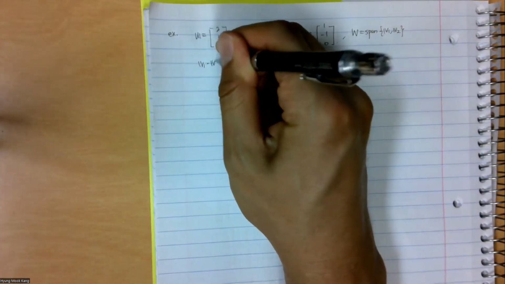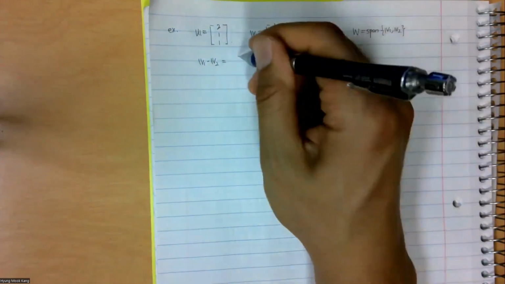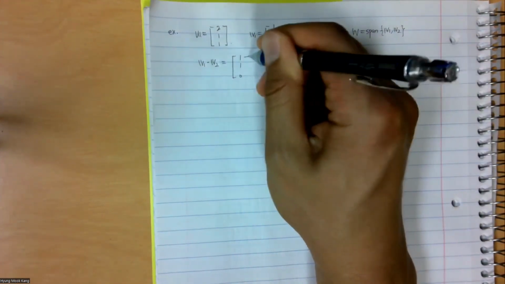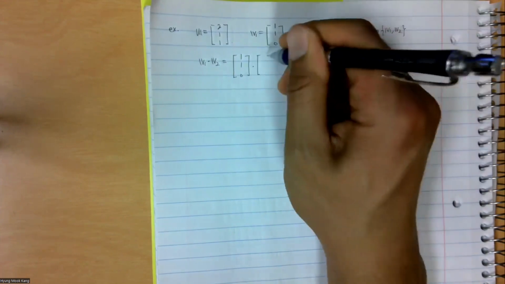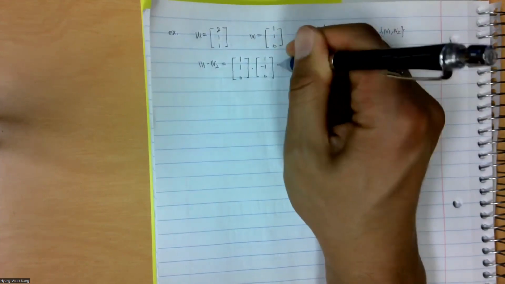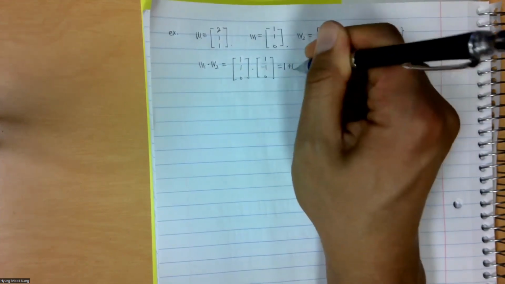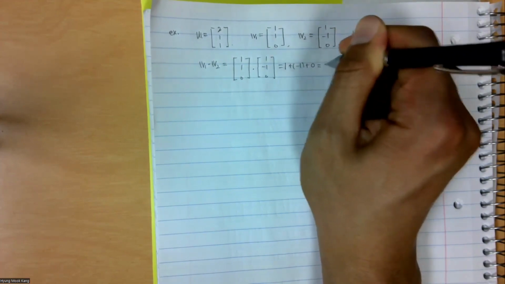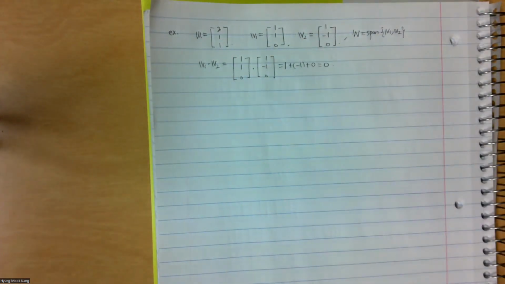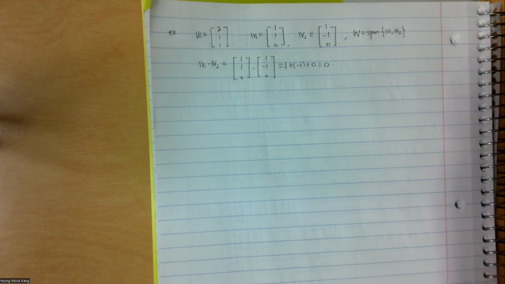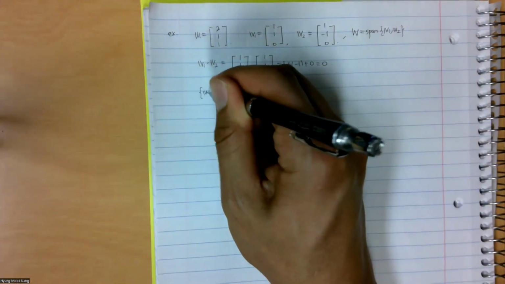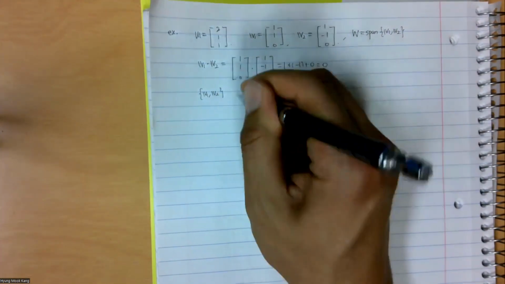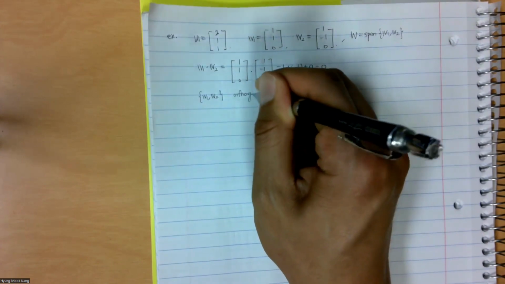As you can see, v1 inner product v2 is (1, 1, 0) dot (1, -1, 0). So we got 1 plus -1 plus 0, which is 0. So v1 and v2 are orthogonal. In particular, this is an orthogonal set of two vectors.